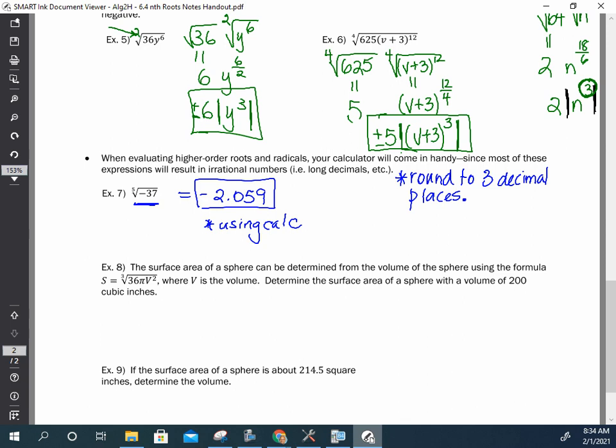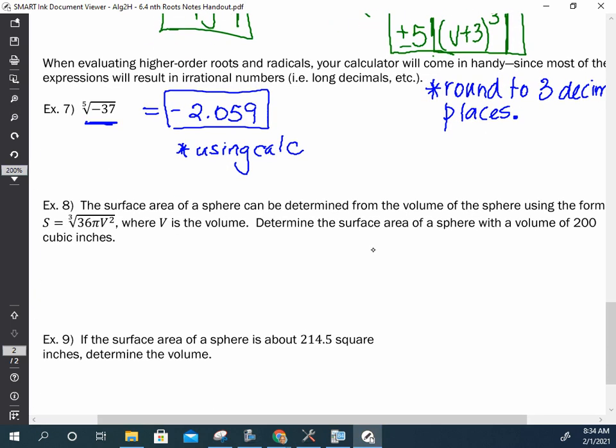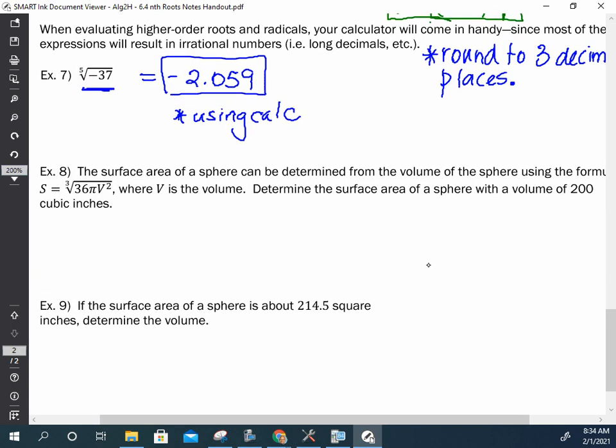All right, problem 8. The surface area of a sphere can be determined from the volume of the sphere using the formula S equals the cube root of 36 pi V squared. V is the volume. Determine the surface area of a sphere with a volume of 200 cubic inches. Nothing fancy about this particular problem.